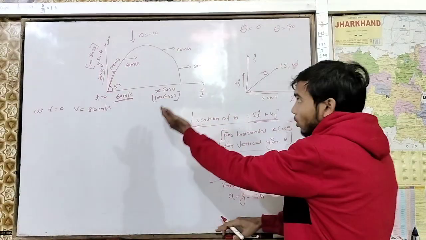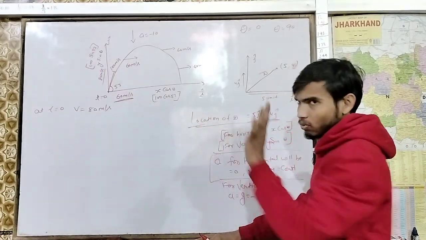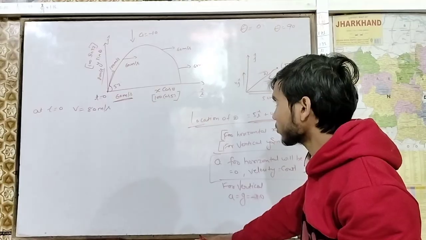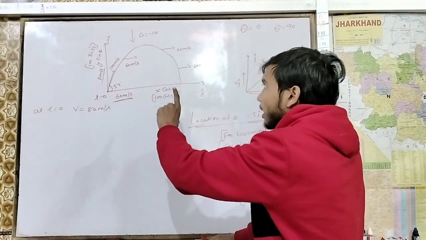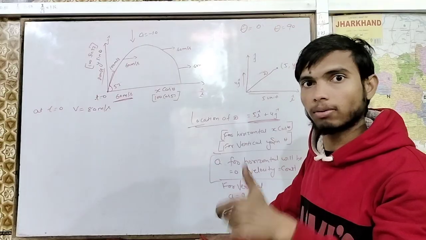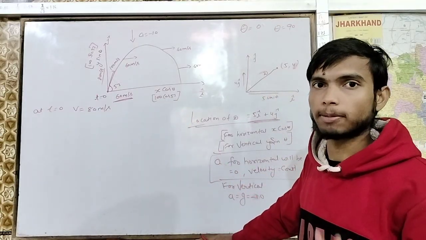But when it comes to horizontal, remember, velocity for horizontal is fixed. Acceleration is 0, so velocity is fixed. At t equal to 4, velocity will be the same. At t equal to 2, velocity will be the same.